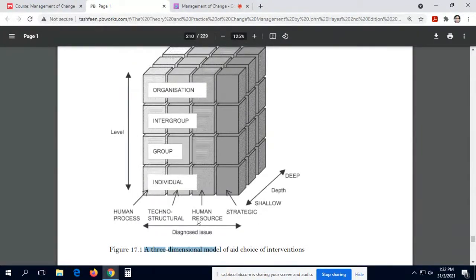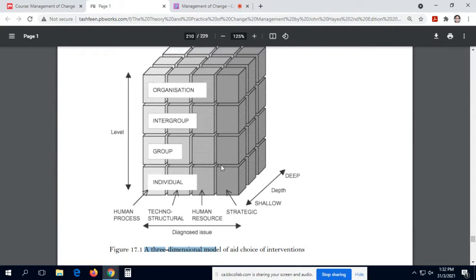So let's say you want to implement some human resource change. Individually you might do it by training or maybe just by talking. You might do it in a group way, in an intergroup way, or you want to implement the human resource change on the organizational level, and how deep you want to go. That is what these pictures are saying.